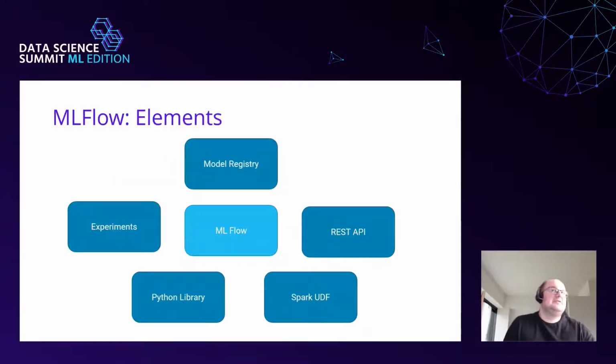The elements of MLFlow that I'm going to be talking through are definitely MLFlow experiments for experiment tracking, the model registry, obviously the target where we want to get to from experiment tracking, and some other appendages like the Python client, or the things specifically targeting Spark integration, to show you an example of how that can be integrated into, say, data pipelines.